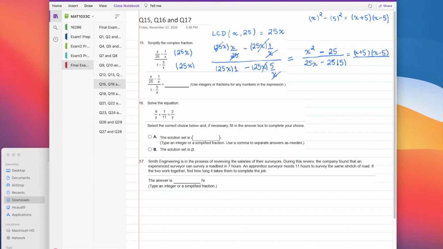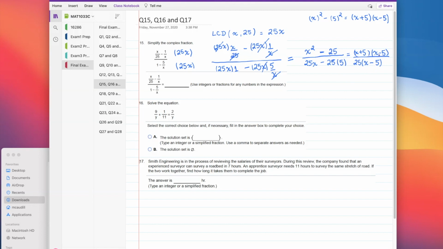On the denominator, 25 happens on this term and on this term. I'm going to factor the greatest common factor. If I factor out 25, I have x minus the 5 that is here. Understand now why I didn't do this multiplication. Now, everything is multiplying.